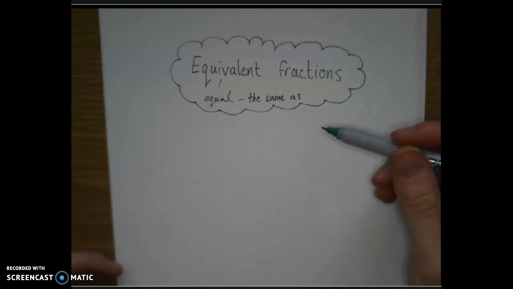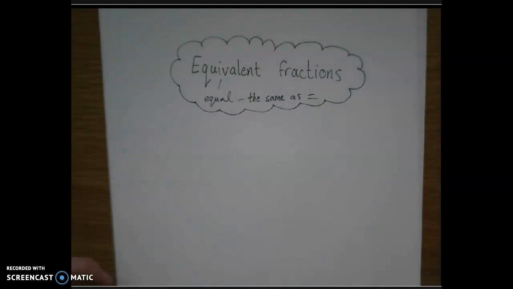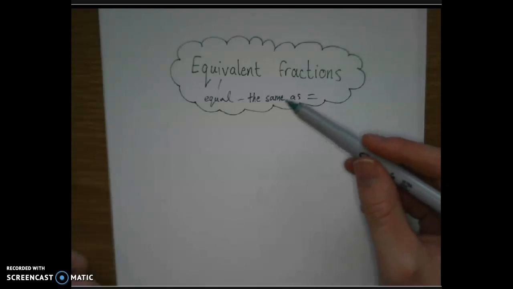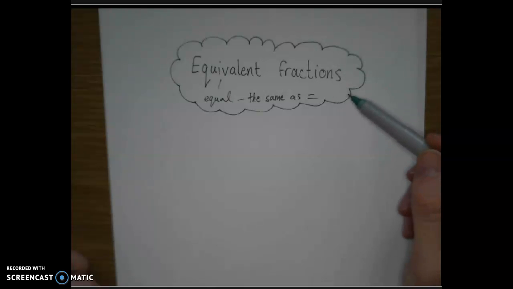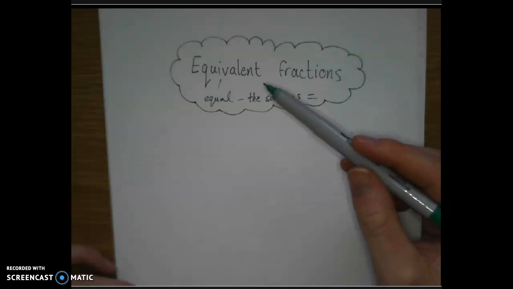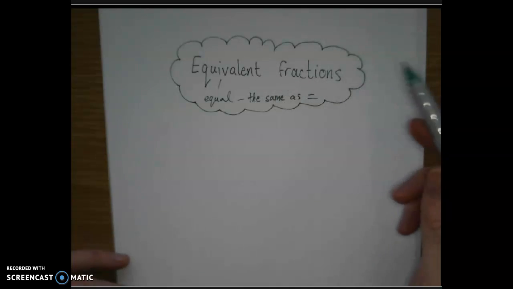Okay, so, and we know the equal sign, like that. And we know that the equal sign means that whatever's on one side of it is the same as whatever's on the other side of it. That's what it means. It is the same as. So we are looking at fractions that are the same as each other.